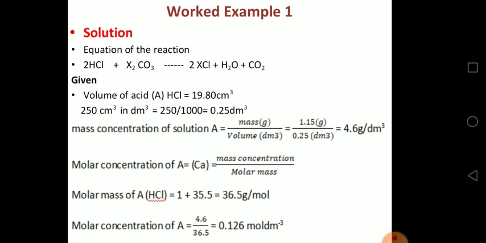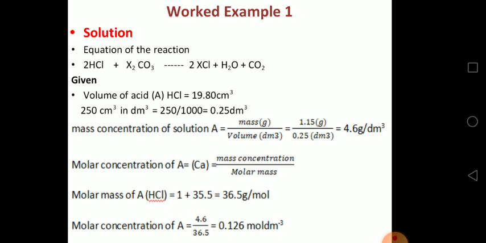over the molar mass. Since we know the molar mass of solution A, as we've calculated here, you have the mass of hydrogen, then we also have that of chlorine, which is 35.5. Then getting the sum, we have the mass to be 36.5 gram per mole.